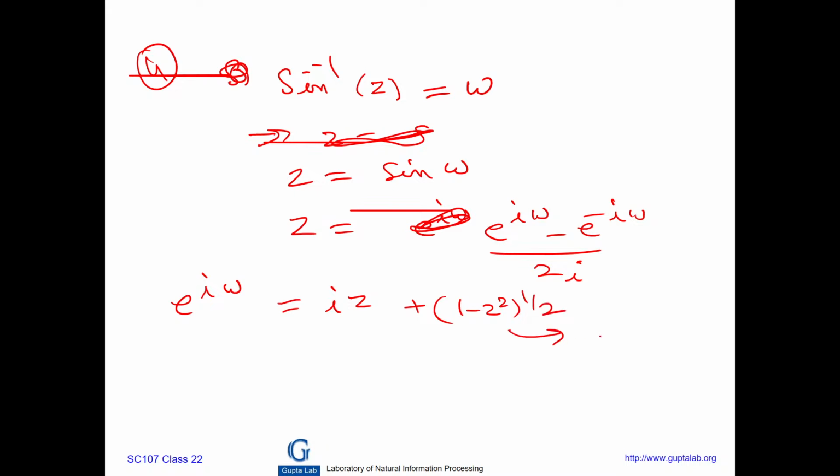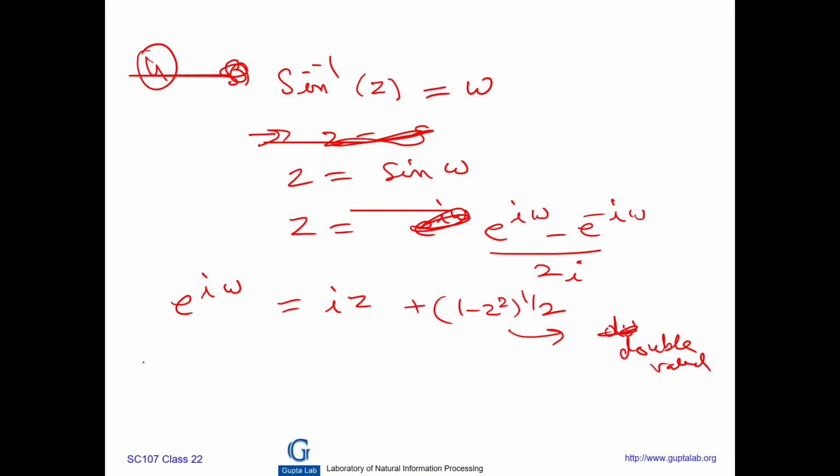Now this is a square root of 1 minus z square. It's a double valued function, right? Remember, square root of z was a two valued function. This is two valued function, right?